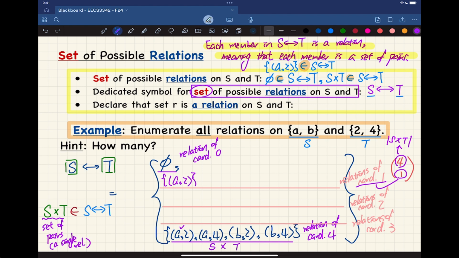And notice that it will be wrong if you don't have the curly brackets over here. That's not a relation. We spoke about that briefly last time. What about the second relation? It would be A4. And the third one will be B2. And the fourth one will be B4.